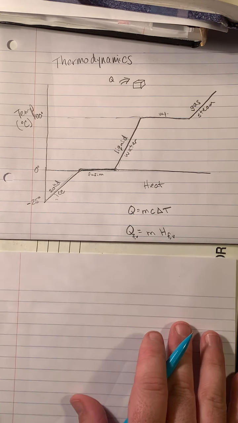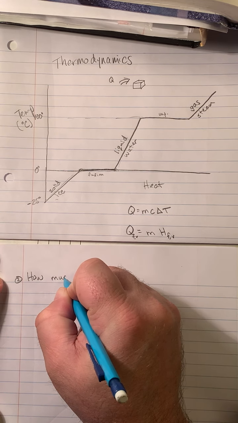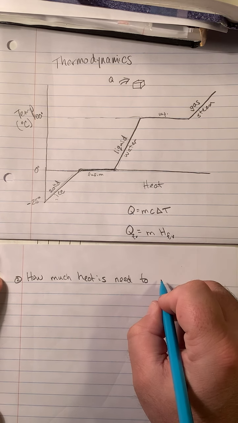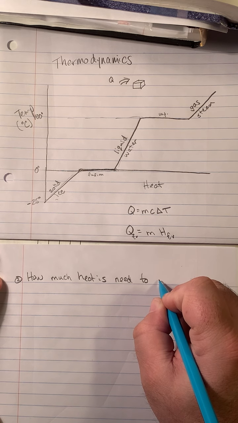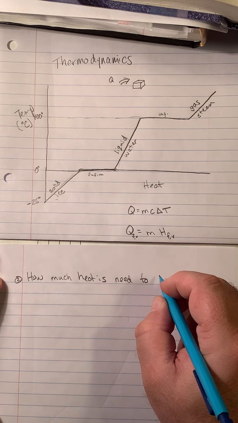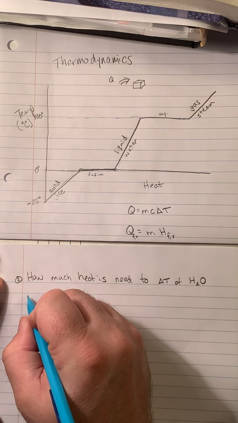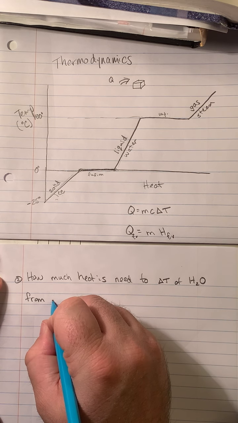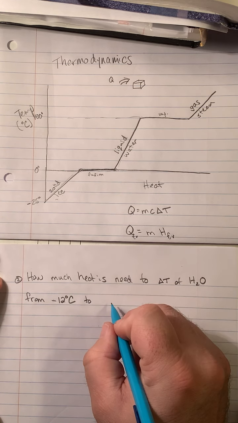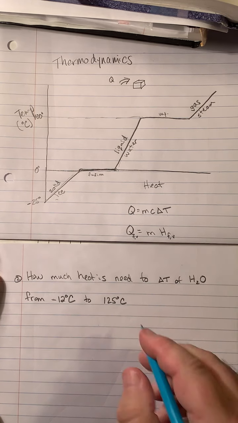Okay, so I want to find out, question 2, how much heat is needed to change the temperature of H2O from, let's say, negative 12 degrees Celsius to 125 degrees Celsius.